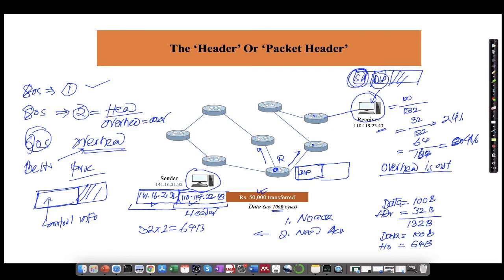So he will prepare the acknowledgement, put the address of the source, in this case 141.16.21.32, and send it back to the source from where the data was transmitted. That is why if we need better quality of services, we must have more overhead in the network.